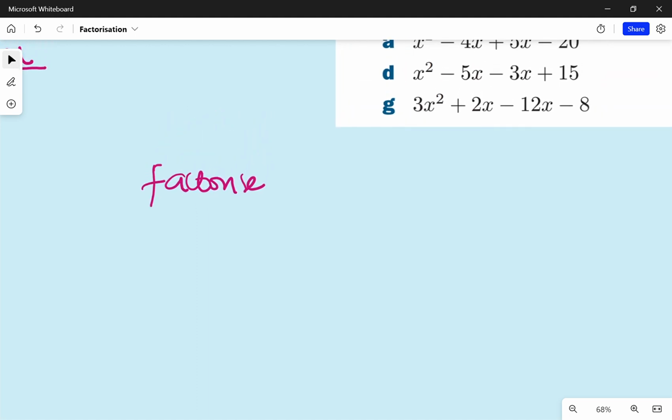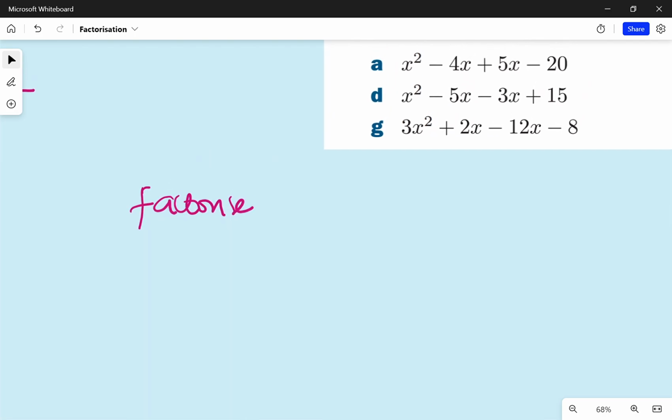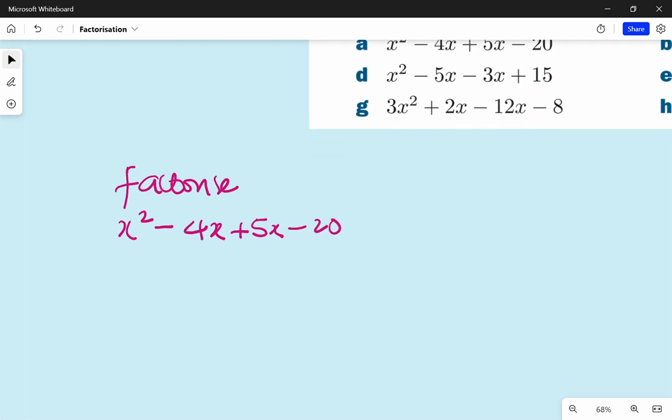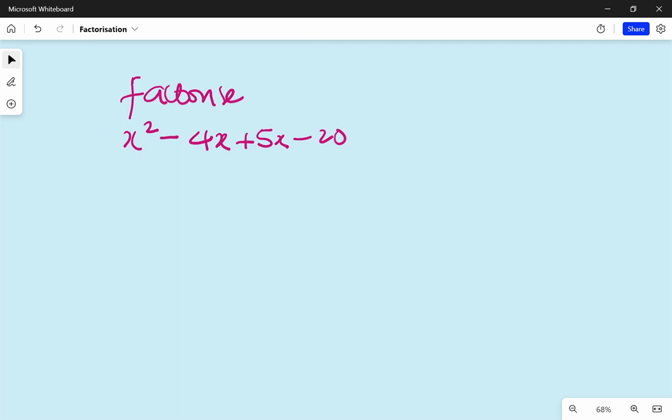Factorize x squared minus 4x plus 5x minus 20.